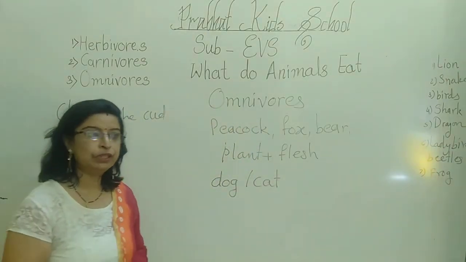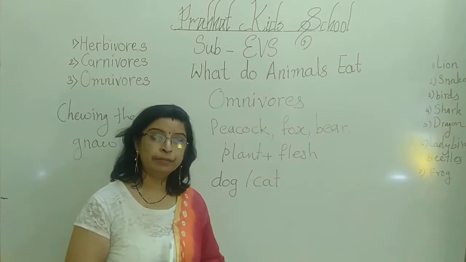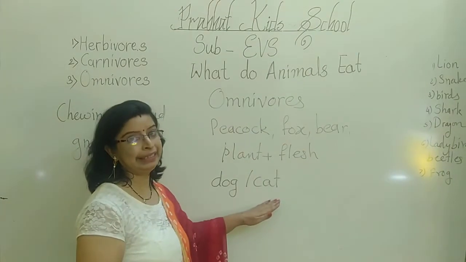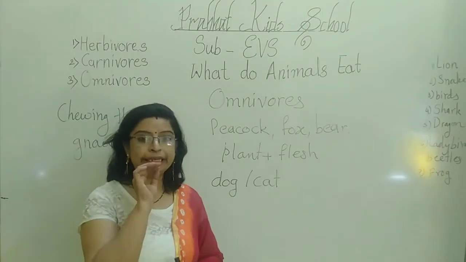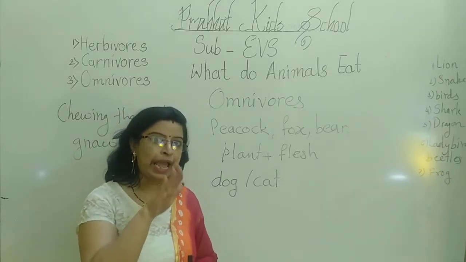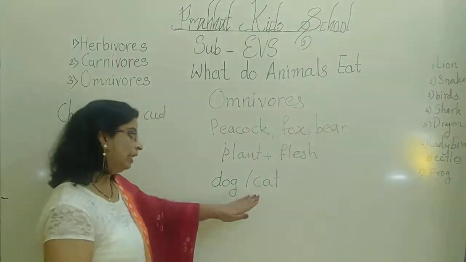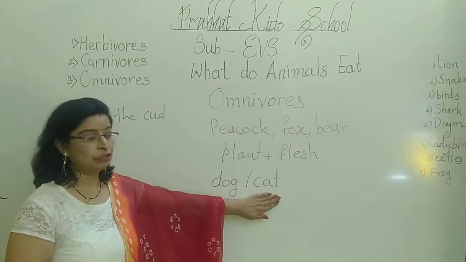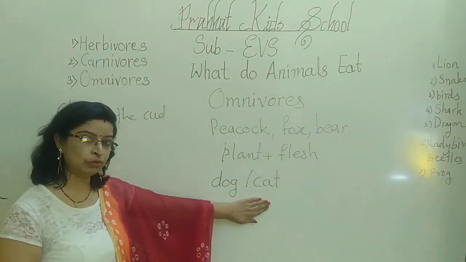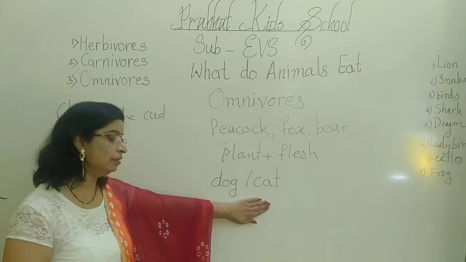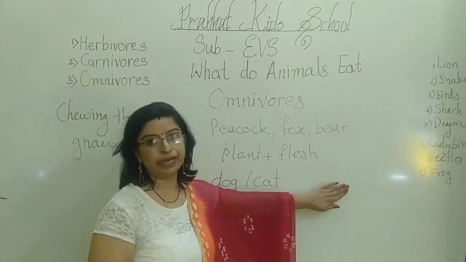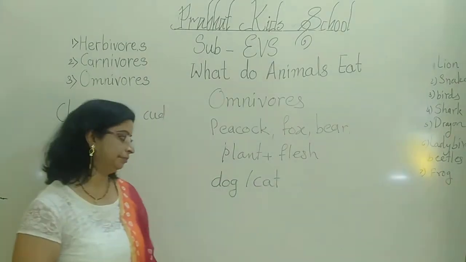See students, if you give them water or milk, any liquid, dog or cat, how do they do it? They take their tongue out from their mouth and they lap that liquid. They lap up the food. So this eating habit is known as lapping. Which animals do this? Dog and the cat. They lap up the milk or the water.